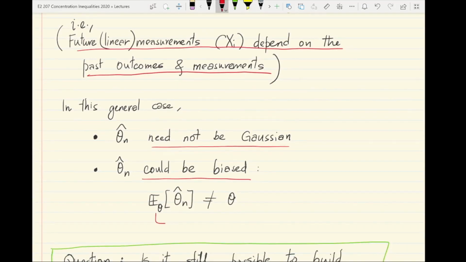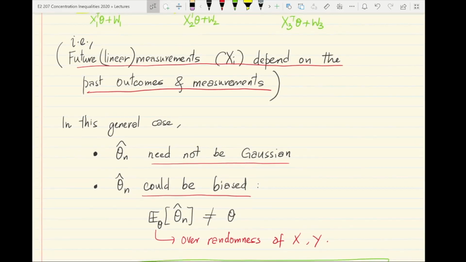Okay, so the expected value of theta hat n. When I say the expectation, this is over the randomness or distribution of both the x's and the y's. This expectation need not be equal to theta anymore.